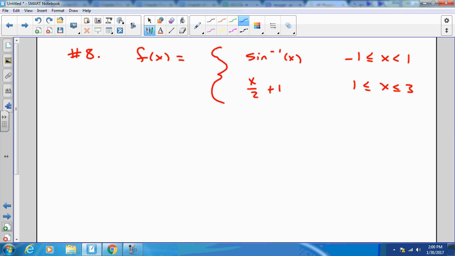Now when I look at a function that is defined in pieces like this, I need to check continuity and differentiability of the pieces, but I also need to check at the joint, where the two pieces come together at x equals 1.